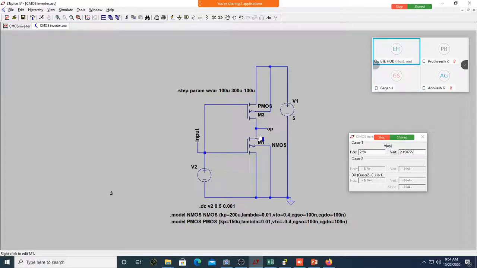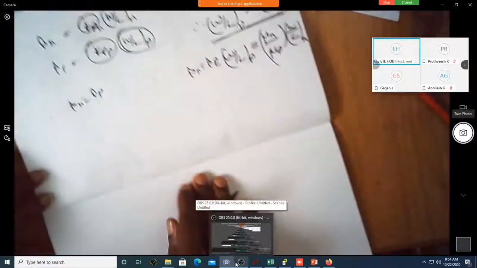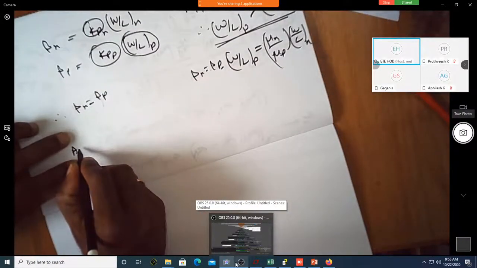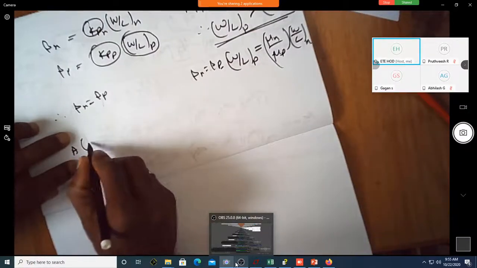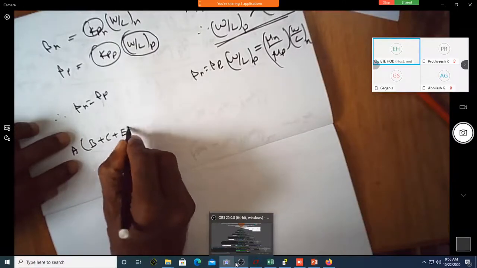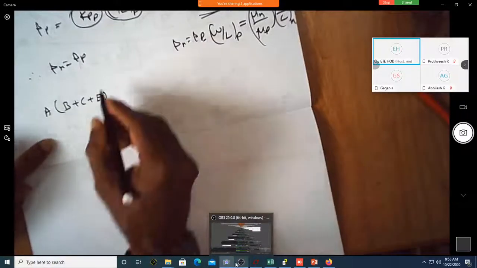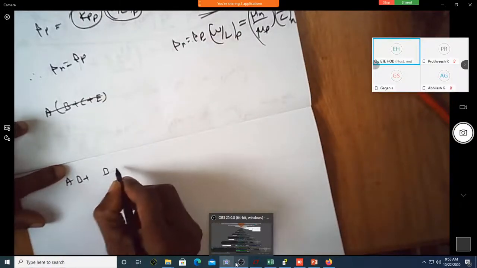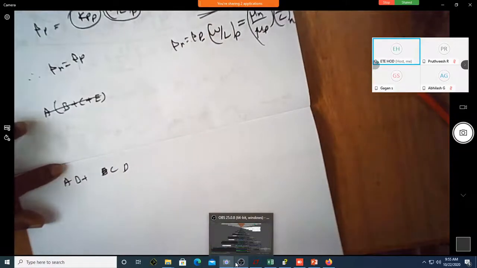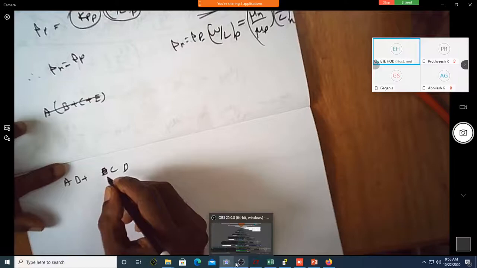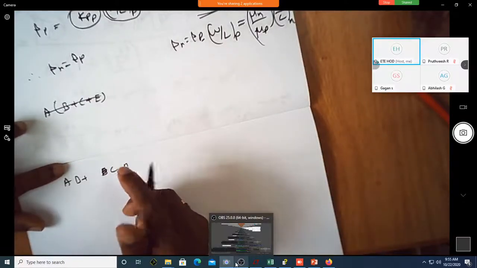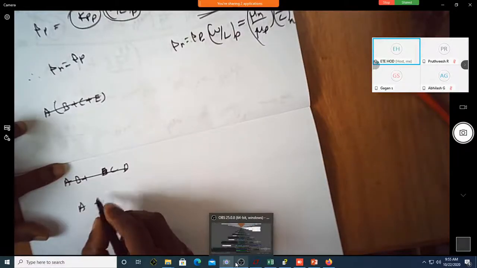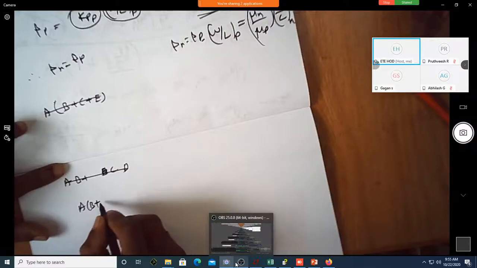Okay, next we'll consider one more concept. Let me take a Boolean combination or Boolean equation, something like this: A into B plus CD.